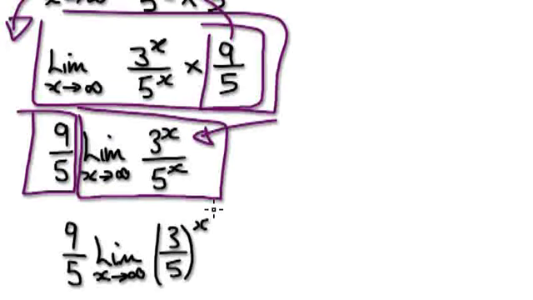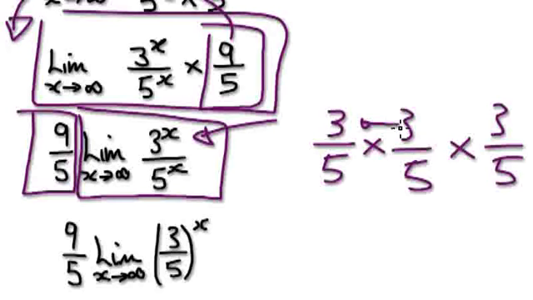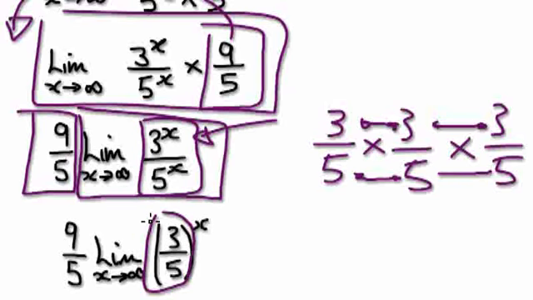Now, from the section on indices, if I were to give you 3 over 5 times 3 over 5 times 3 over 5, that's top times top times top, bottom times bottom times bottom. My point is that you can get from here to here.